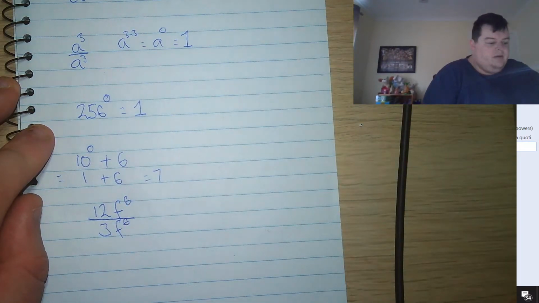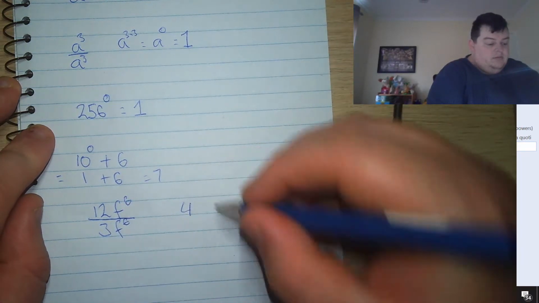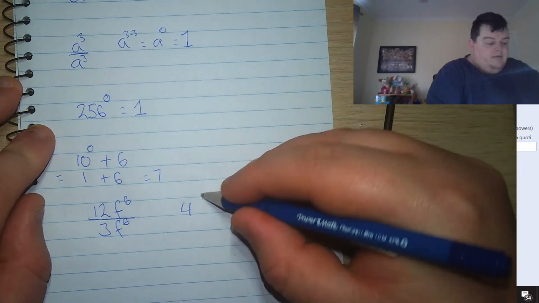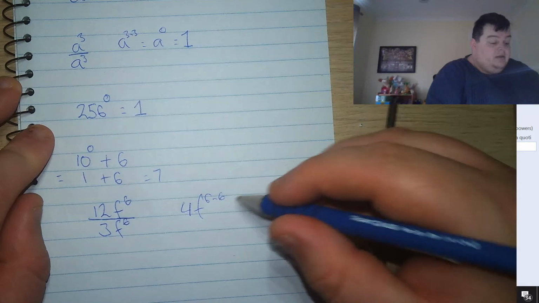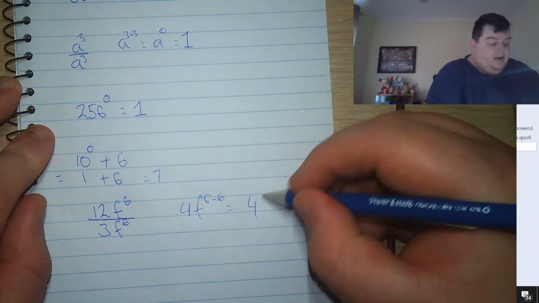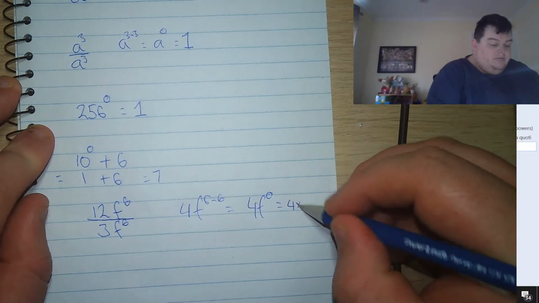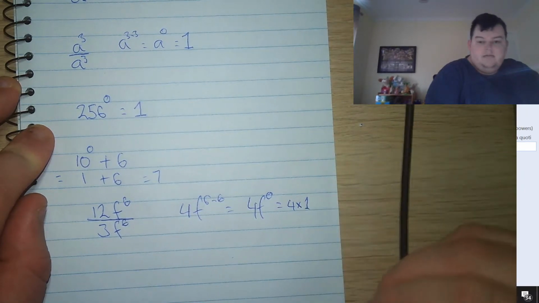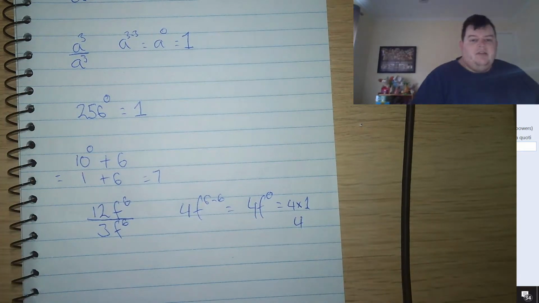Well, 12 divided by 3 would give you 4. F to the power of 6 minus 6 equals 4f to the power of 0, which equals 4 times 1, which is 4. So whenever you see anything to the power of 0, just remember that it is the number 1.